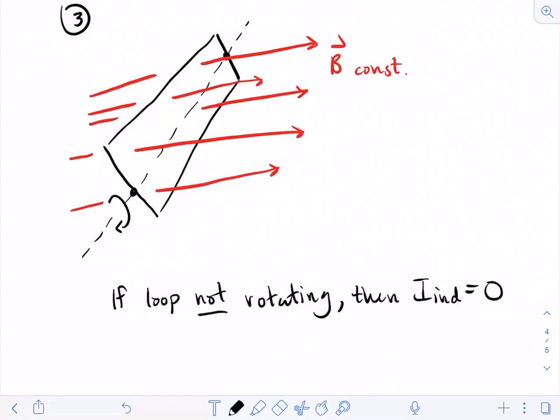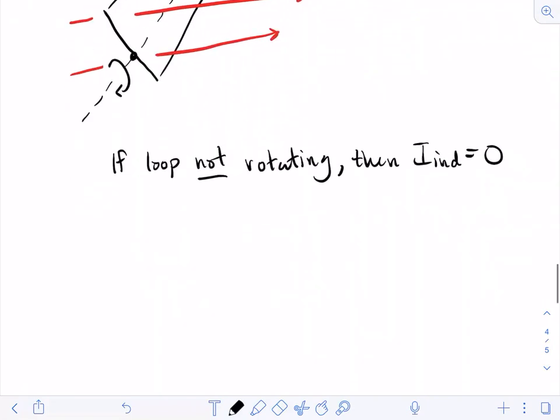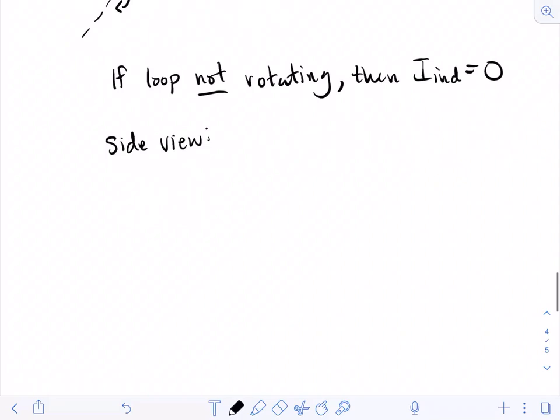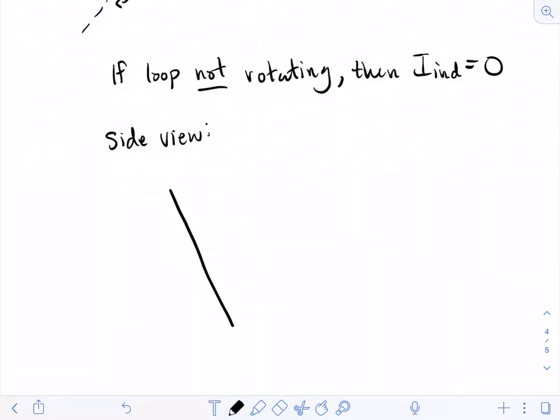Okay, so what I want to do is try to draw a side view of this scenario. And so the side view is going to look like this. Side view. So this is my loop, and here's our rotation axis, and maybe we're going to rotate something like this.